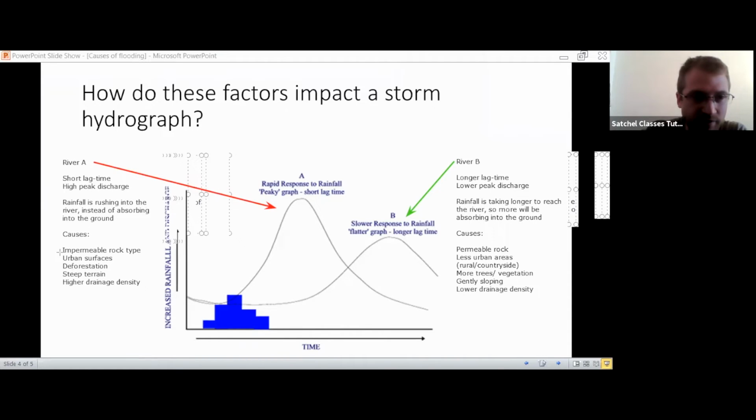So urban surfaces and deforestation. These are man-made, man-induced ones. Okay. In terms of the green, impermeable rock type is natural. Steep terrain and high drainage density are natural. Okay. So in terms of this, urban surfaces and deforestation have led to a significant change in that lag time. If we look at all these, permeable rock is a natural factor.